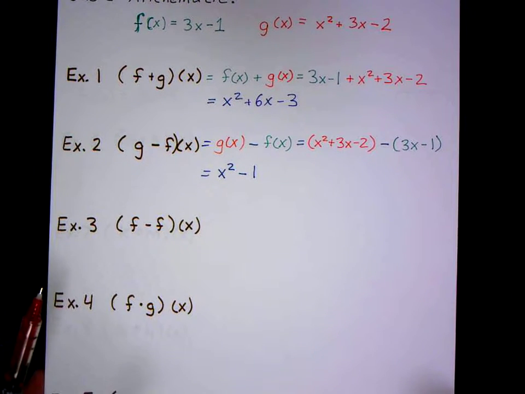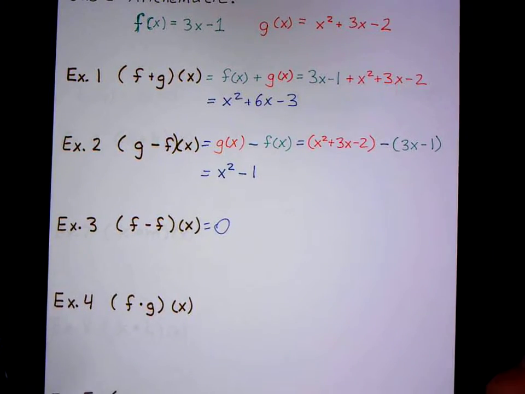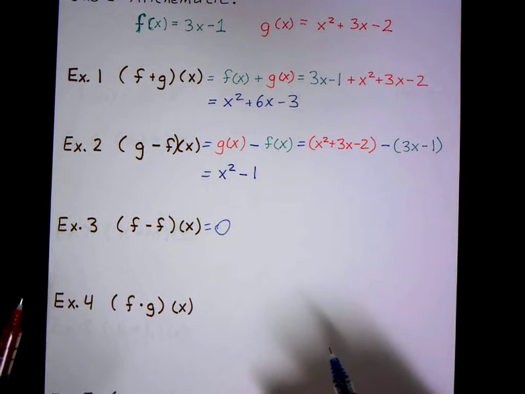Okay, what's the answer to number 3? 0. Whenever you're doing this, don't forget your basic rules. So many times I'll give you problems like this on a quiz or a test, and I'll see all kinds of work out here to the side, and then someone will come up with the wrong answer because they made a little math mistake.